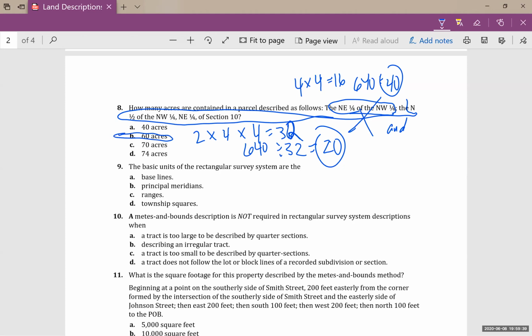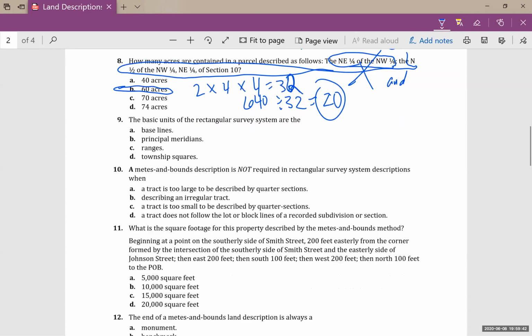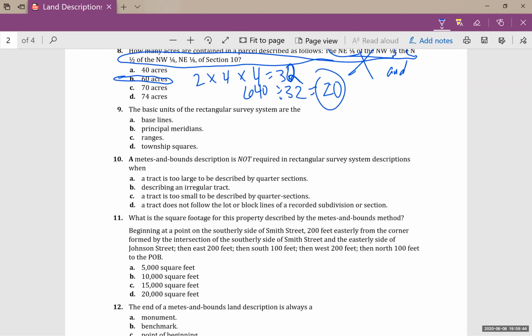All right, number 9, what do you like? Let me hear you. Townships. Township squares. D. 10, what do you like?